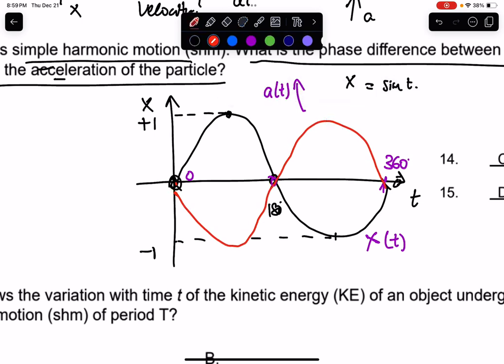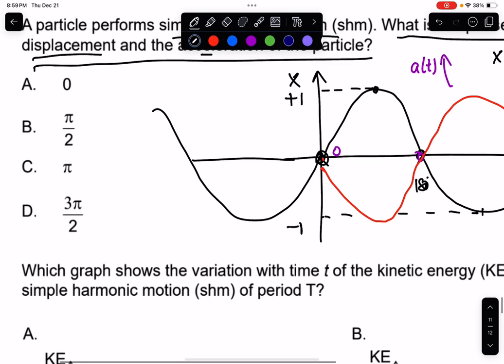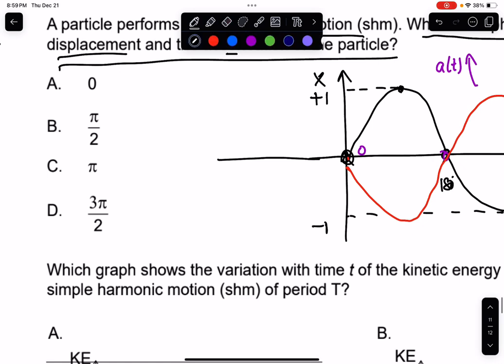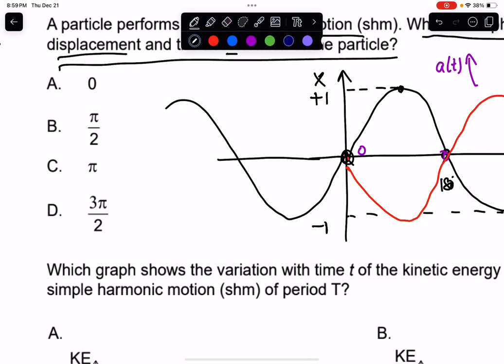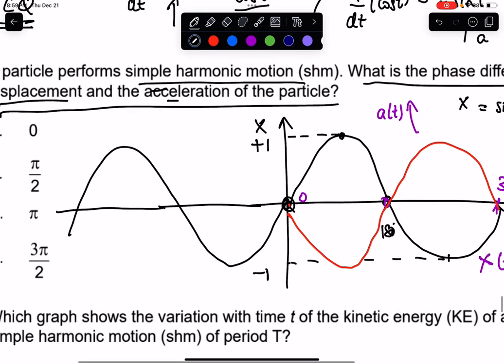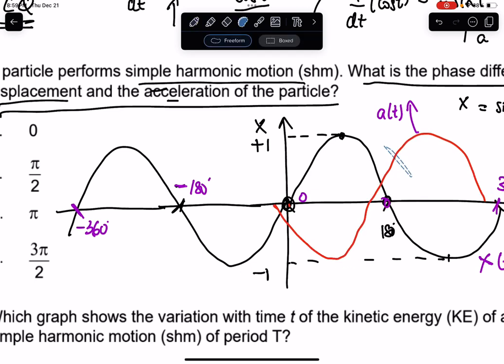So what you'll see over here is that this black sine function is going to be going back. So this oscillation for the sine function will keep happening. So what this means is this angle over here is negative 180 degrees, and this angle over here is negative 360 degrees, right?